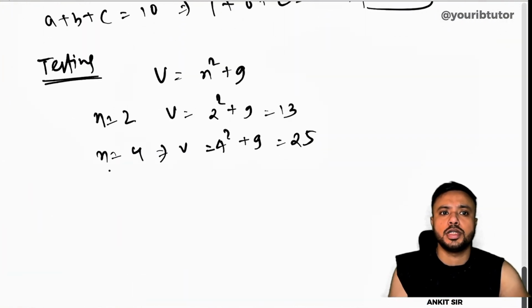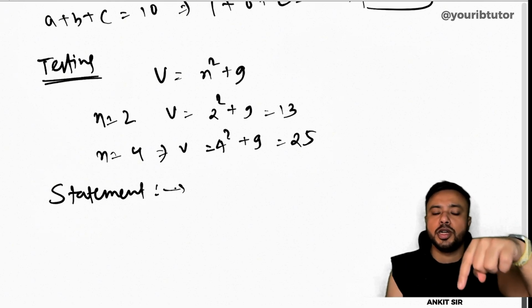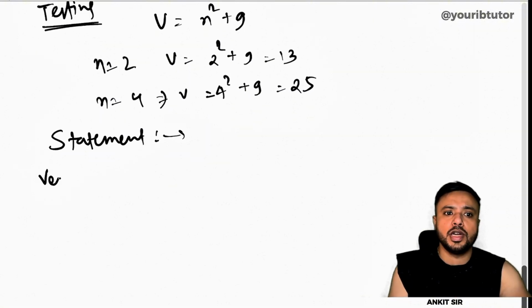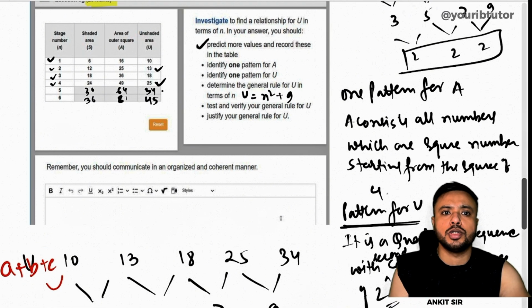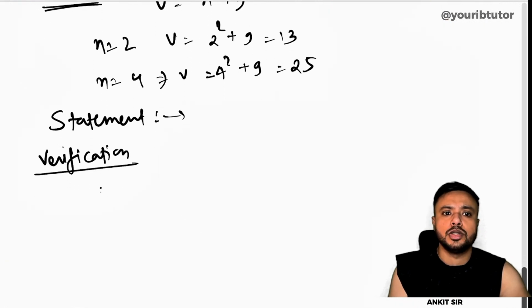Hence the general rule is tested, and after that you have to write that statement which I told you in the previous video, or you can find that statement in the description. Now verification. For verification, you have to do it for n equal to 5 and n equal to 6, because these are the two values which you have predicted. So n equal to 5 and n equal to 6, we are going to do it.